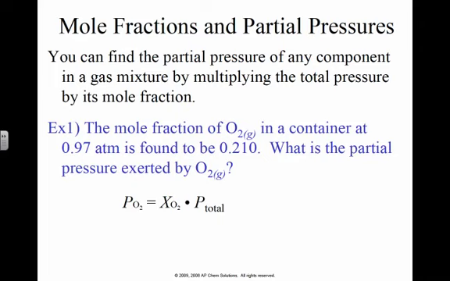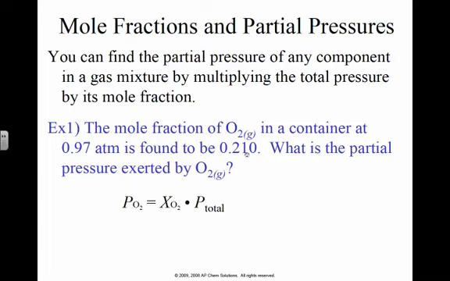Okay. You can find the partial pressure of any component in a gas mixture just by multiplying the total pressure by its mole fraction. For example, if the mole fraction of oxygen in a container at 0.97 atm is found to be 0.21, what is the partial pressure of oxygen?